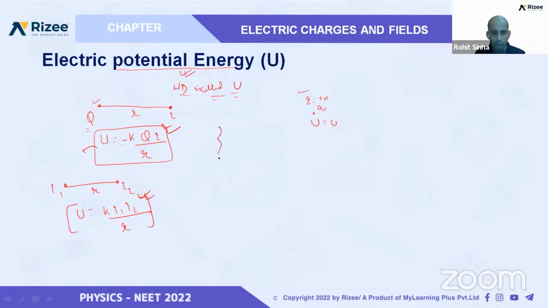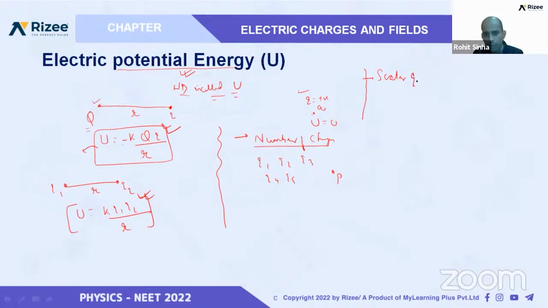Now, remember one thing. This is for a system having 2 charges. If there are a number of charges, suppose Q1, Q2, Q3, Q4 like this, and we have to find the potential energy at any point, what will we do? Since it is a scalar quantity, it doesn't need any special addition rule.